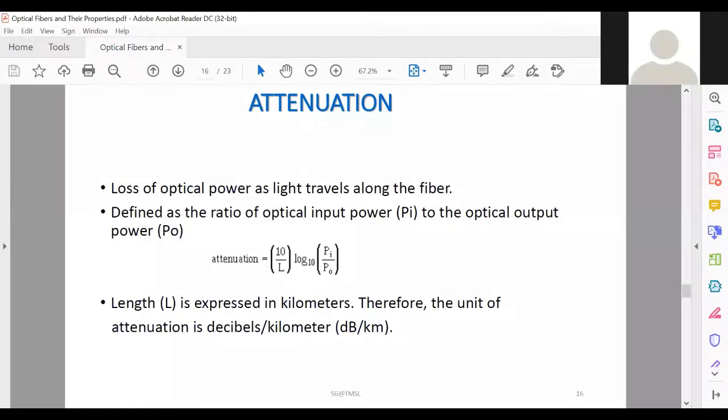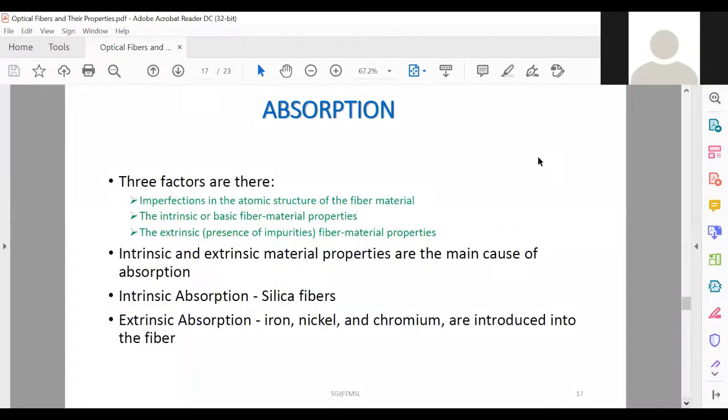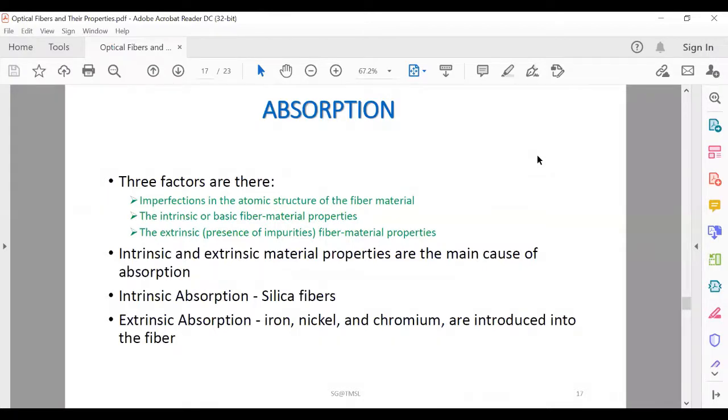Now, move on to the next slide, which is absorption. Absorption is a major cause of signal loss in an optical fiber. It is the portion of attenuation resulting from the conversion of optical power into another energy form, such as heat.